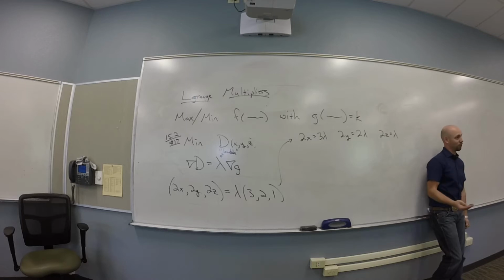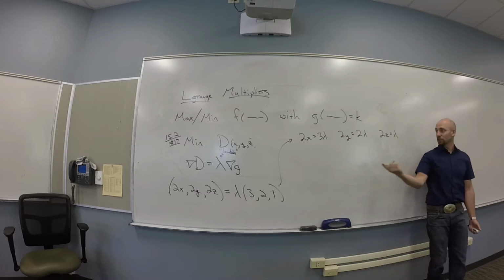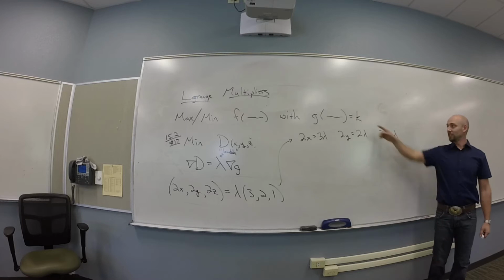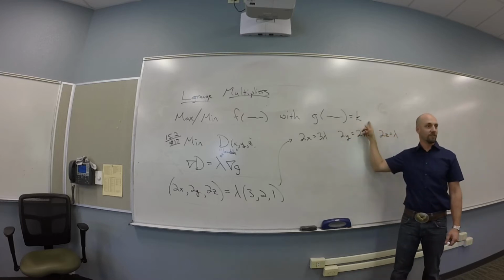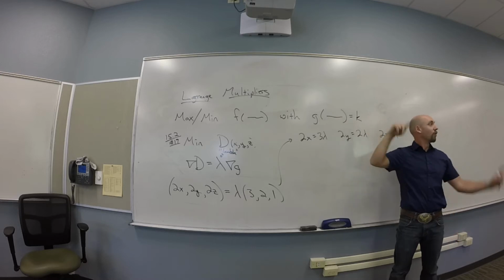Where's the other equation? Not the distance equation, which I erased already. What is the other equation? Your constraint. Yeah, the constraint's another equation. There should be some kind of g of stuff equals k. That's your 4th equation. Don't forget that.